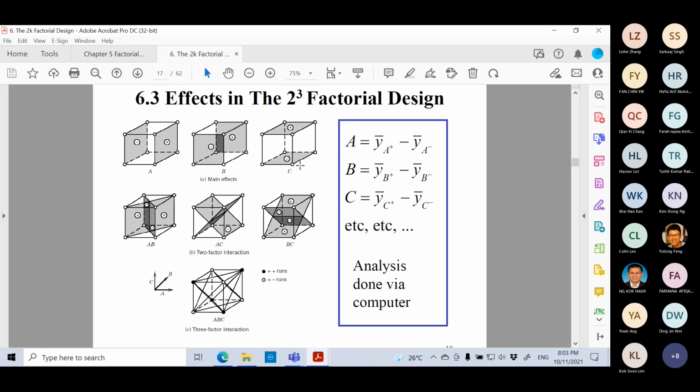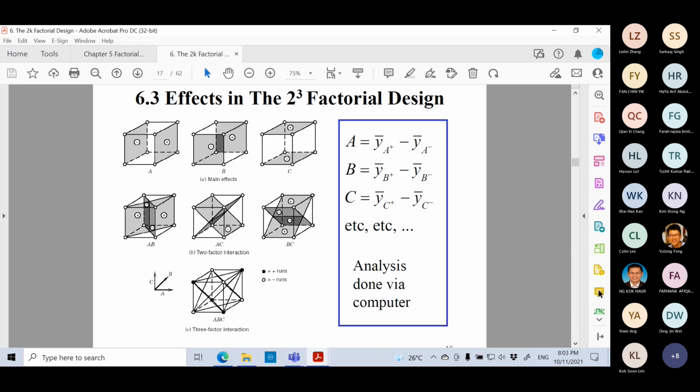Before I go through the general formula, this is a graphical way of presenting the 2 power of 3 factorial design. So if we consider the 3-factor design, it means that we have factor A, factor B, and factor C right now.